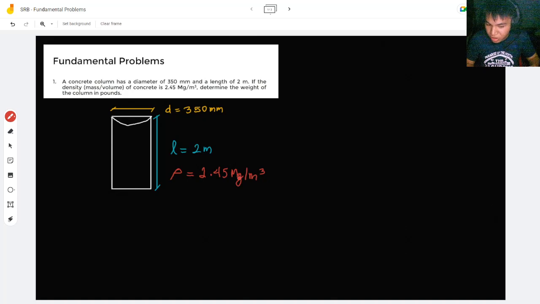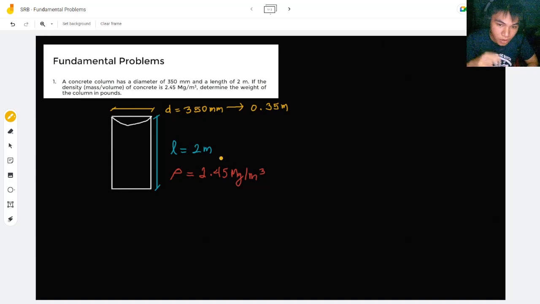Now that we have visualized what we're trying to solve in this problem, let's convert the units into more comfortable ones that we can work with. We can convert millimeters into meters. So 350 millimeters is 0.35 meters, since there are 1000 millimeters in 1 meter.